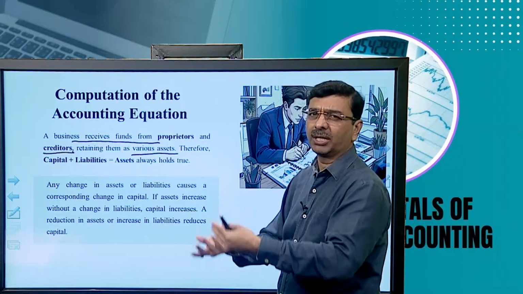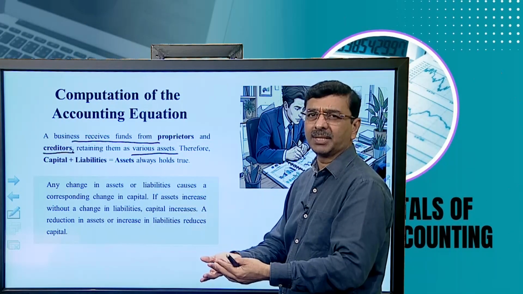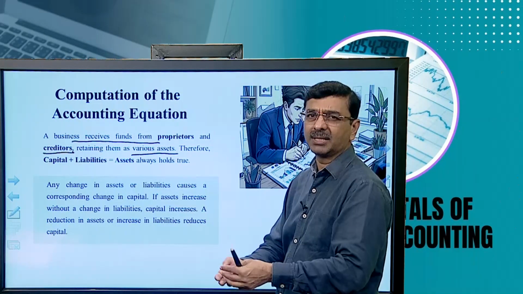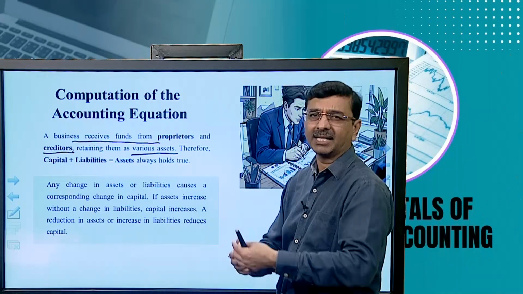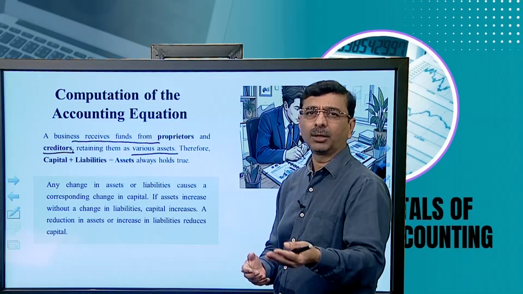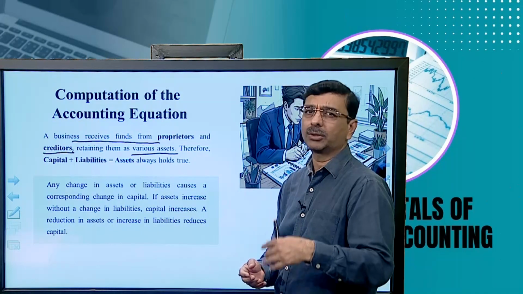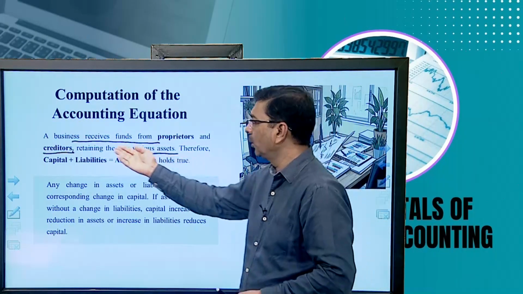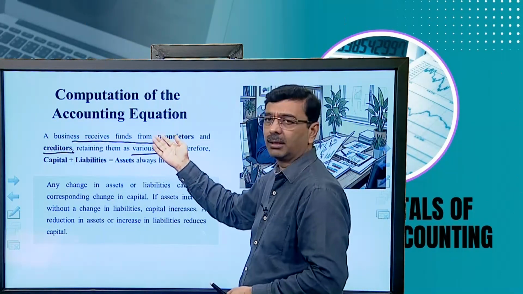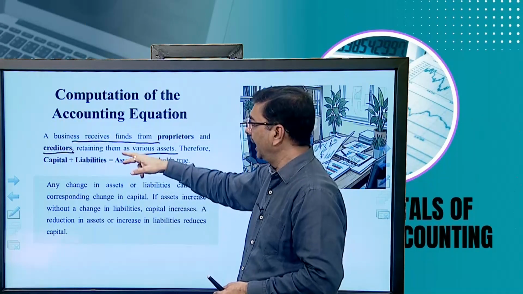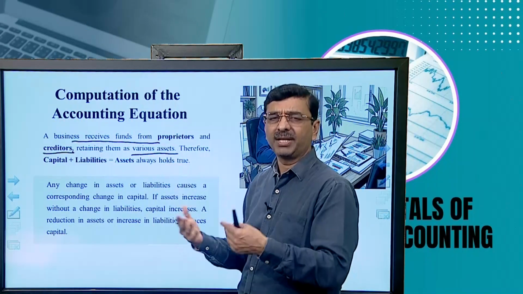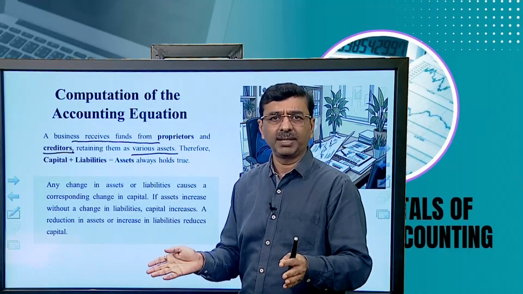Maybe you bring assets into the business, or the cash comes in, or maybe you create some debts for the business. Maybe you are taking a loan from a bank or a financial institution or anywhere. Ultimately, all these things are brought into the business and retained in the business in the form of various assets.